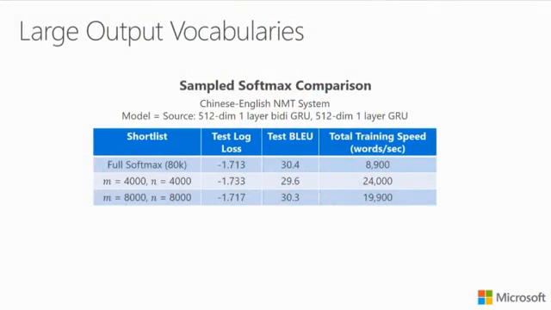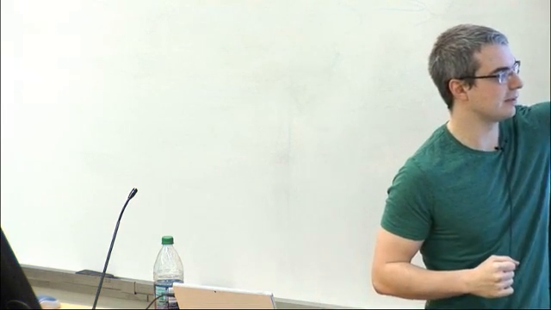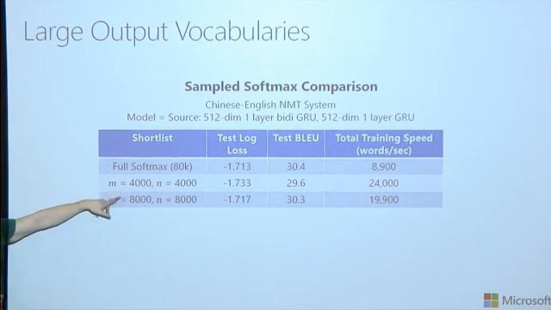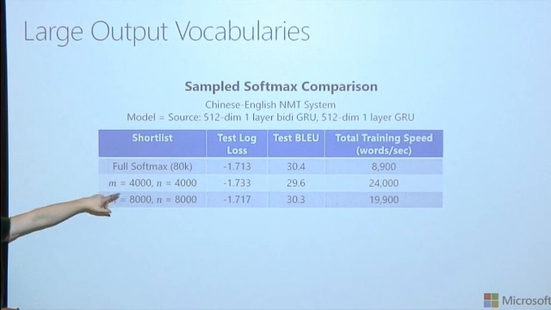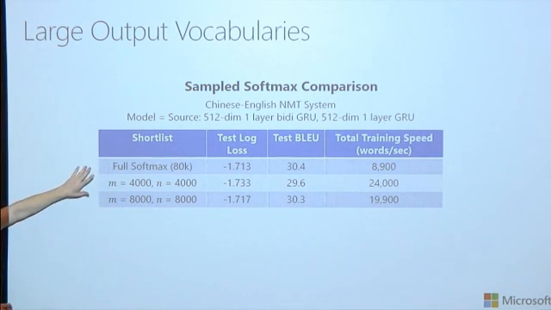So this is test log likelihood, test BLEU score, and training speed for full softmax, 4,096, the power of 2, and 8,000, for a particular Chinese-English set. It doesn't really matter what the set is, but you do a full softmax, you get 10,000 samples a second. This is a fairly small model because I didn't want to run the full softmax on the large model.